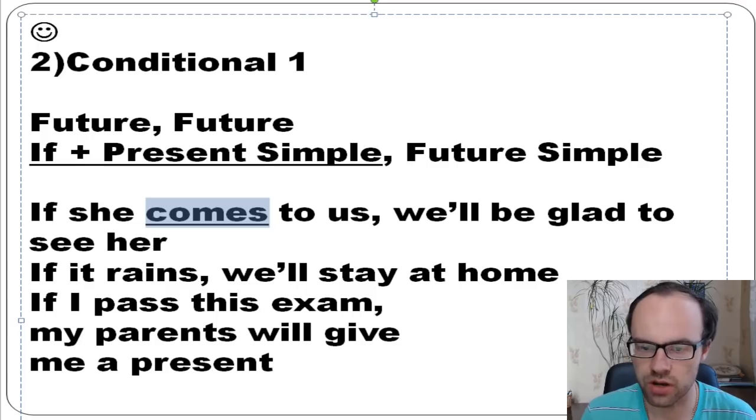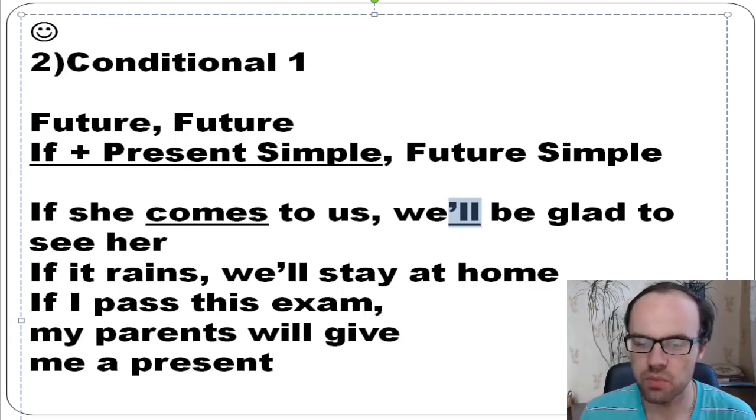If she comes to us, we'll be glad to see her. It's future simple. It's a short form. So we can say we will or we'll. You know that native speakers mostly use a short form when they speak. So we'll be glad to see her. And it's about the future.